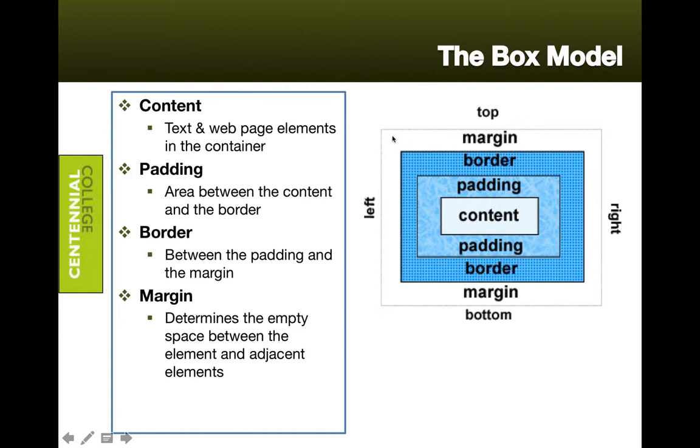Anything inside your box, the actual border for your box, is this piece right here. This is the padding that separates your content from the border. And between the border and the outside of your screen is the margin. So that's really the box model in a nutshell.